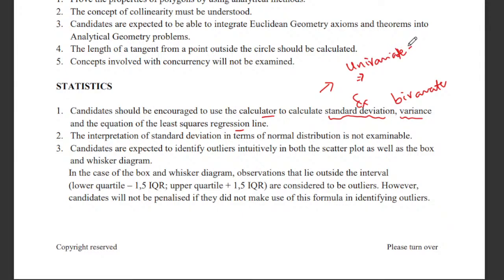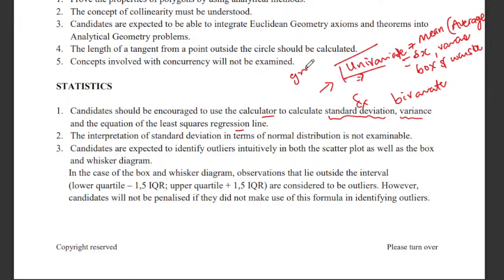Okay, under this, the typical questions they ask for will be the mean, which is sometimes known as the average. Okay, then we also have the standard deviation. They can also ask for the variance, and then it is still under this that they talk about the box and whisker. Okay, so still under the univariate, remember the categories should be 2, the grouped as well as the ungrouped.